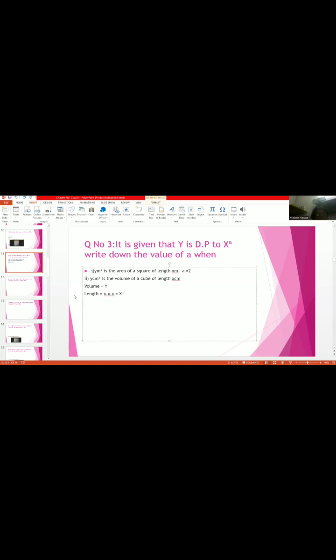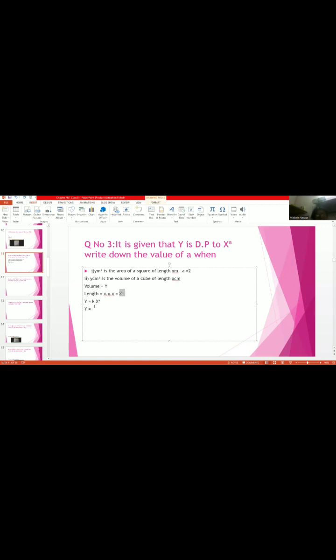Here, initially we have y is equal to k, and I have to use this. Instead of writing n, I have to use this a. So x raised to power n or a, I have to use. And when I have to use for volume, I use y, again y. And for the length, x into x into x, it is equal to x cube.